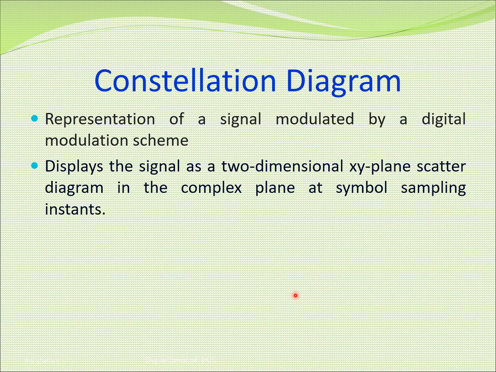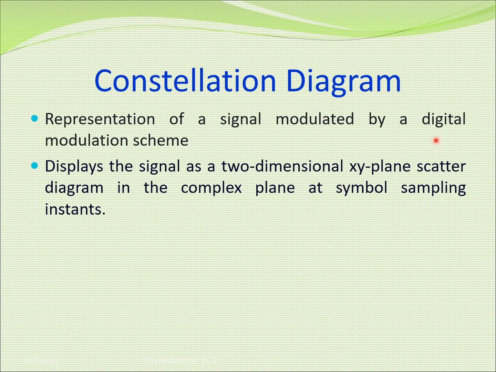So in order to understand the behavior or the signal representation of ASK, the constellation diagram is used. It displays the signal as a two-dimensional XY plane scatter diagram in the complex plane. We have in phase and quadrature phase, that's why it is called the complex plane, at symbol sampling instant.